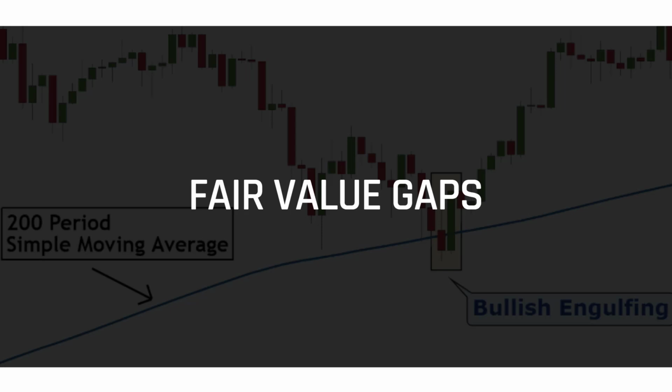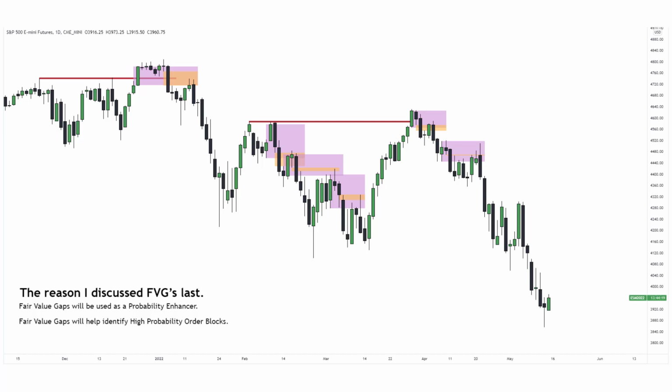So now let's talk about fair value gaps. And there's also a reason why I discussed fair value gaps last. Okay? And fair value gaps will be used as a probability enhancer. So what that means is, if you see an order block and a fair value gap, that order block turns into a high probability order block.